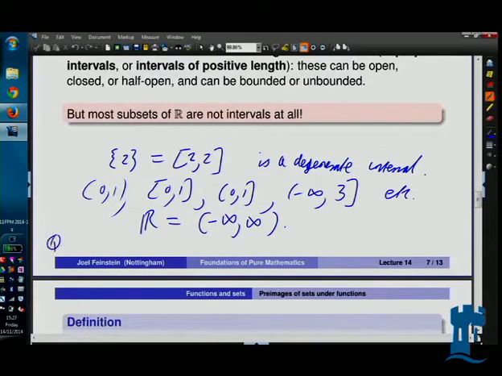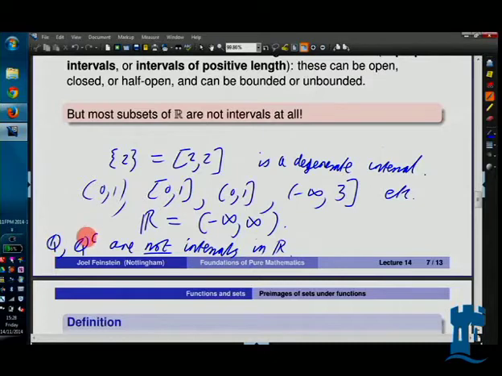Q and Q complement are certainly not intervals. In R, the intervals aren't allowed to have gaps. Q has got gaps at every irrational number, not sizable gaps, but missing points, which counts.